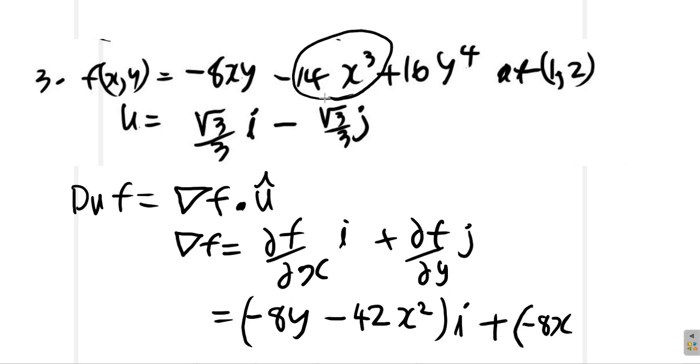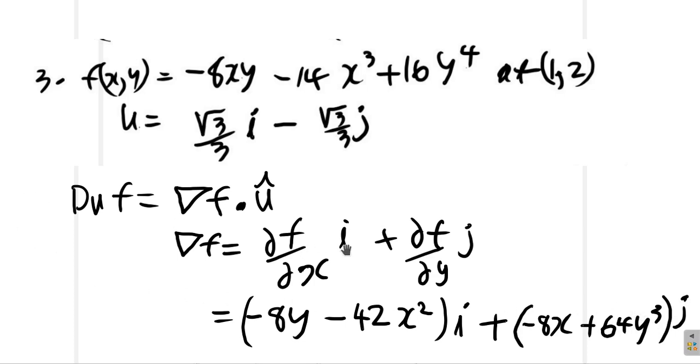This part is 0. It's a constant. And with y now, plus it is going to be 16 times 4, which gives us 64 y to the power of 3 j. Okay? You see that?